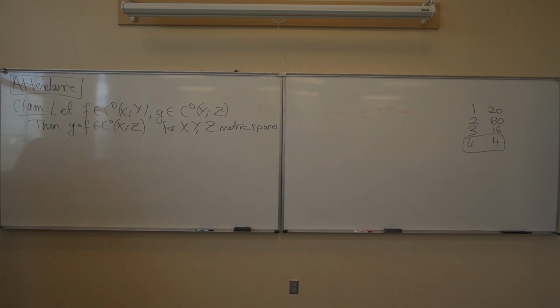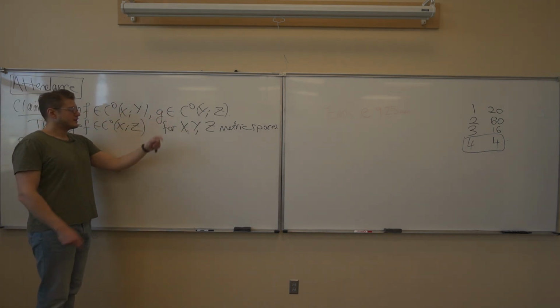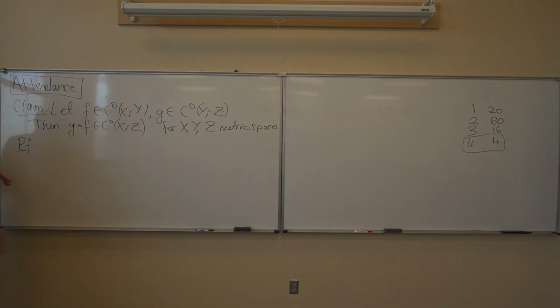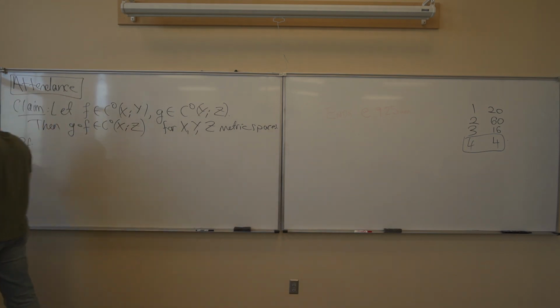And so here's the proof, okay? Now I can use the epsilon-delta stuff, right? So I would have one epsilon-delta statement for this guy, and then one epsilon-delta statement for this guy, and then I could try to combine them in some way to get an epsilon-delta statement for this. But in this case, just using the sequential definition of continuity is a lot easier. And recall, what was that?